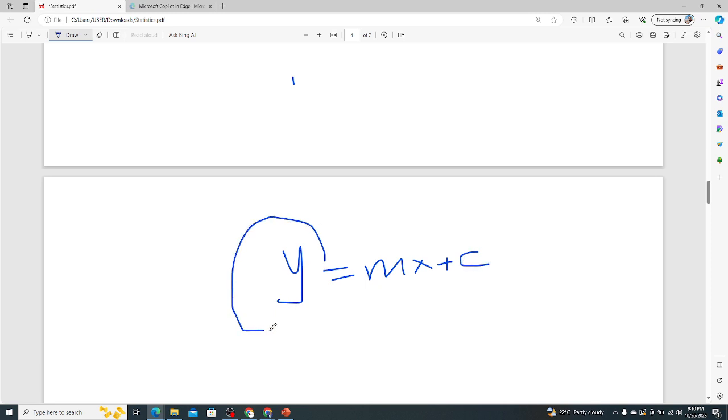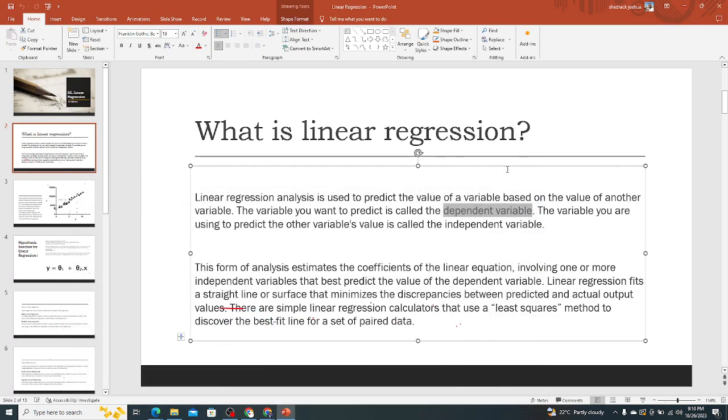This is always our output or our objective. We want to get this value, so this value is called the dependent variable, and it's the one we are trying to predict.